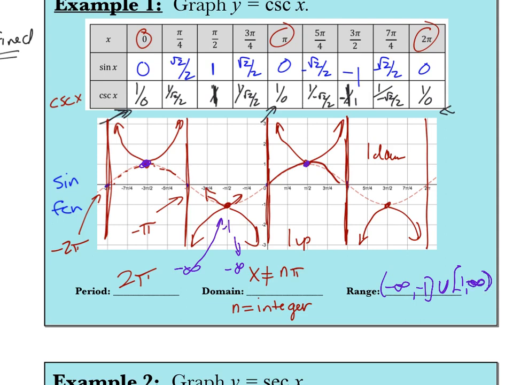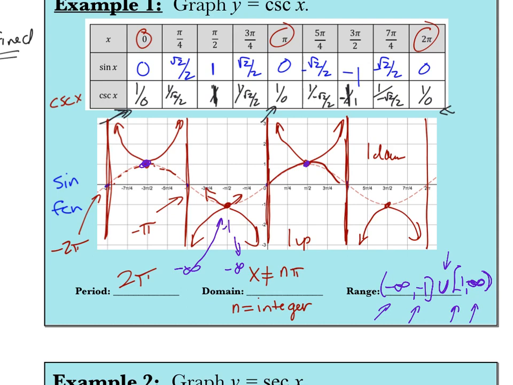If you're a little turned around by the symbols here, all that means is including negative infinity, including negative 1, including 1 going out to infinity, and that's just the union symbol, meaning that I'm going to do both of those.